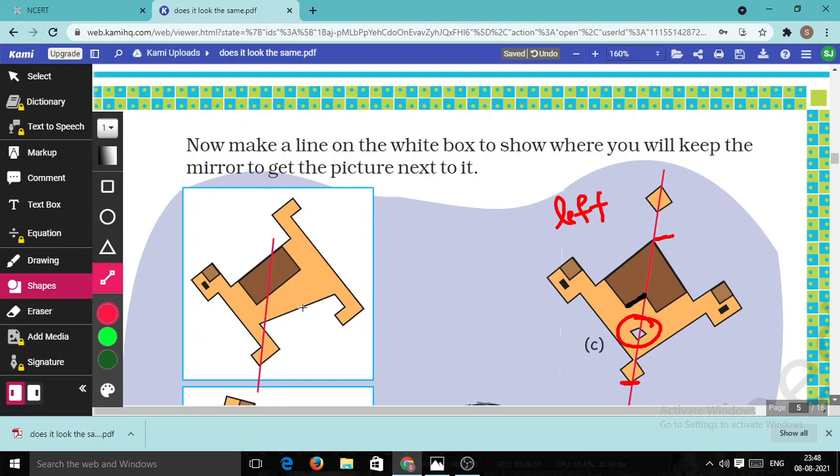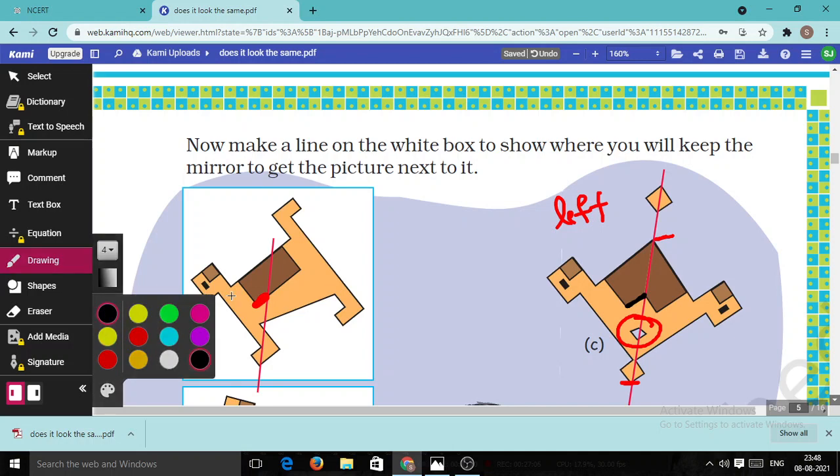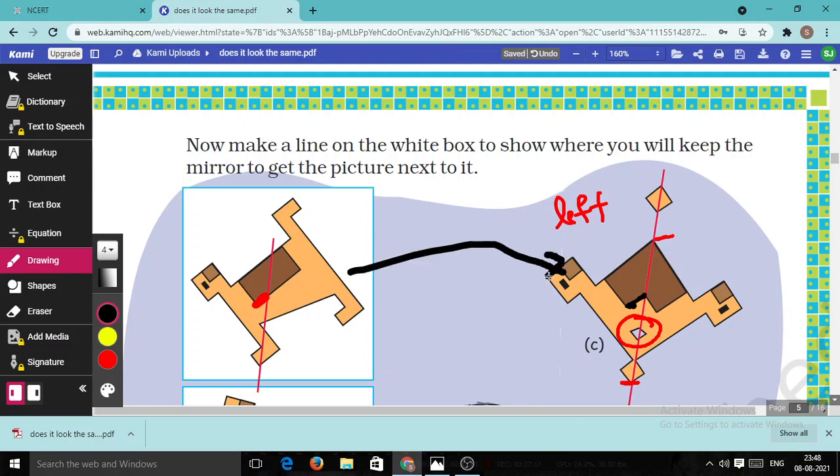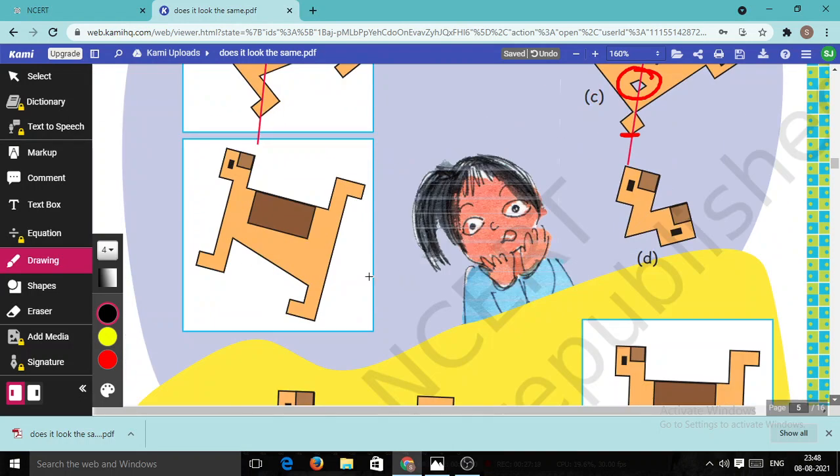Like this. You have to draw a line like this, then definitely you will get a color line. Look here, this portion is given to you, again this one here. So draw a line like this, you will definitely get a figure like this. You will get this figure if you draw a line like this.